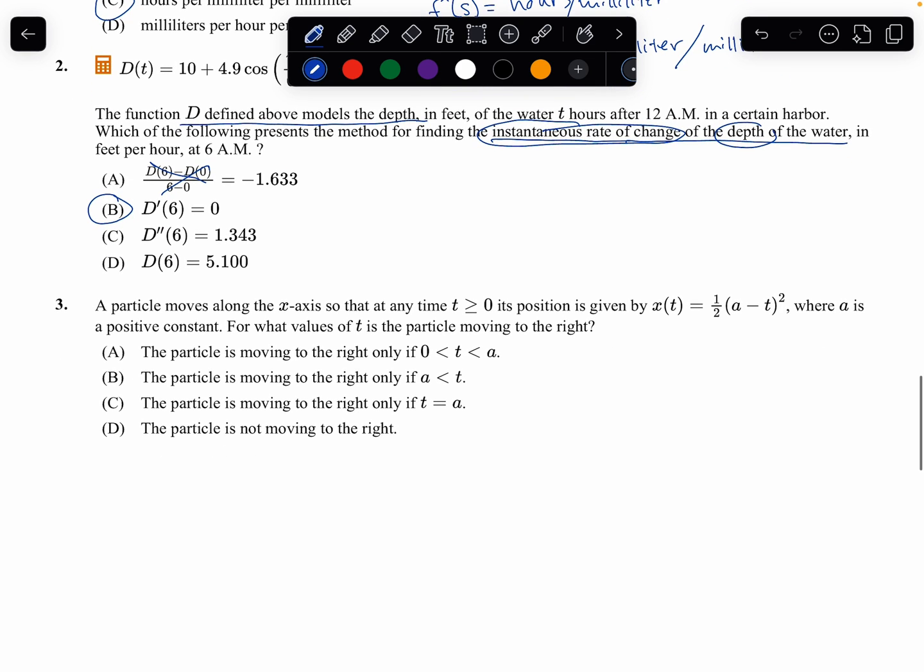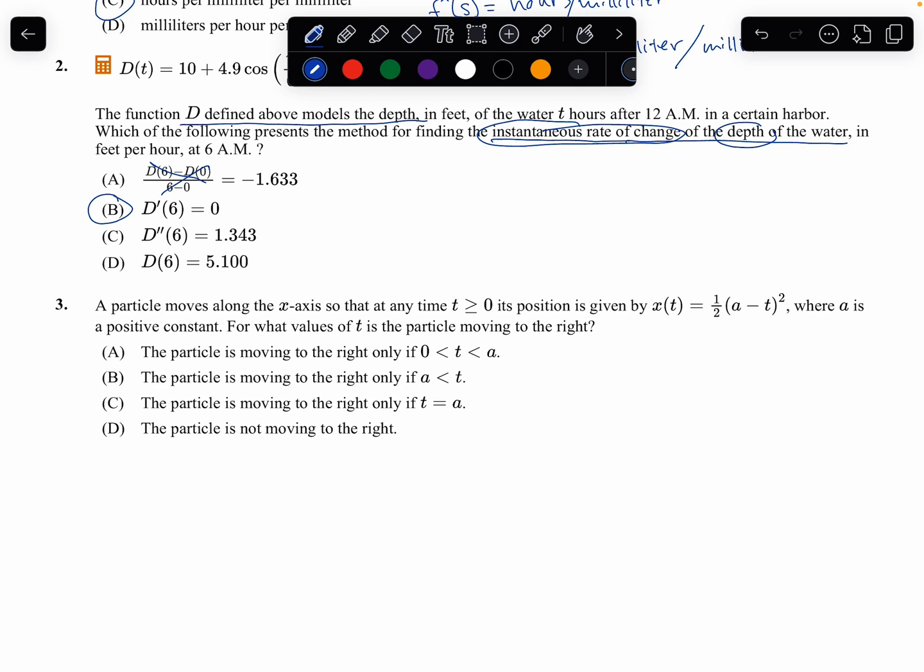Okay, a particle moves along the x-axis so that at any time t greater than or equal to 0, its position is given here, where a is a positive constant. For what values of t is the particle moving to the right? Notice here that they don't give us any actual values. This is just talking in generality of the given function.